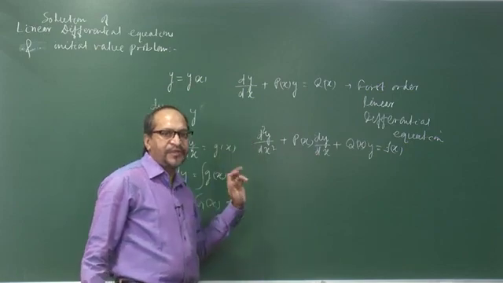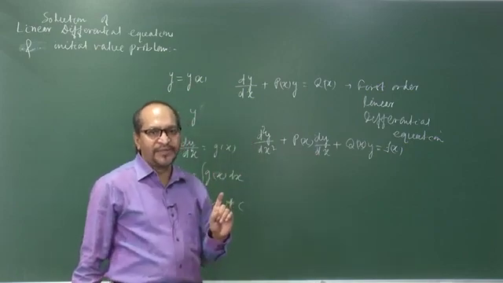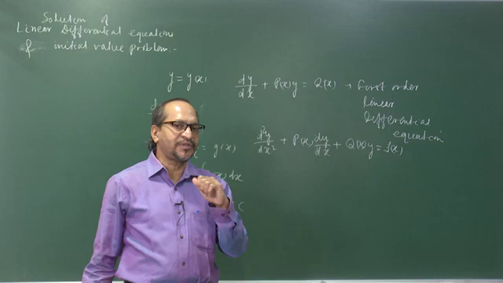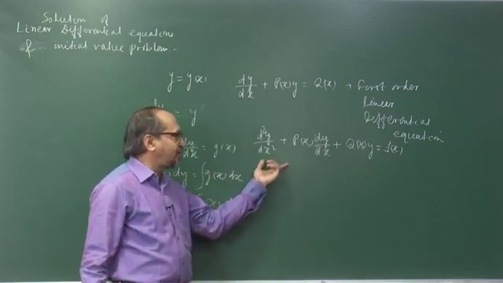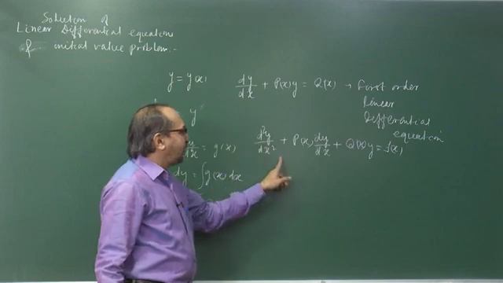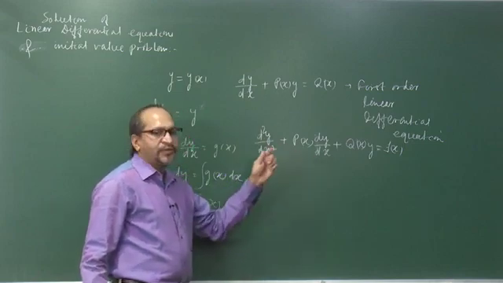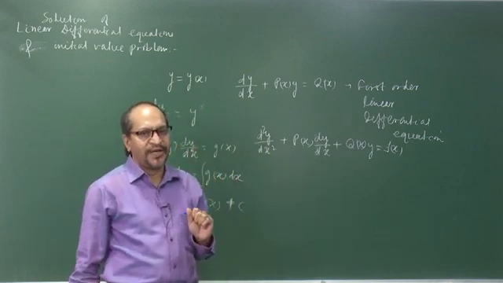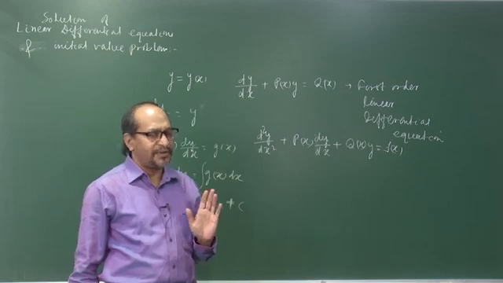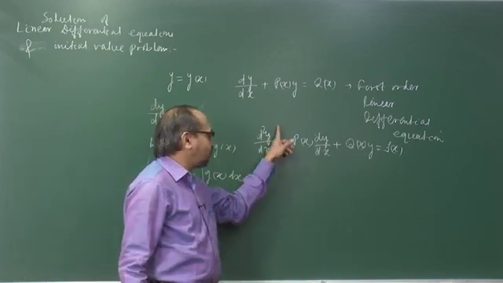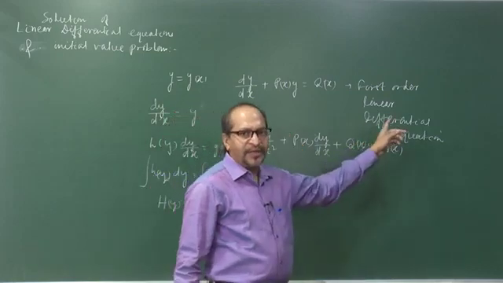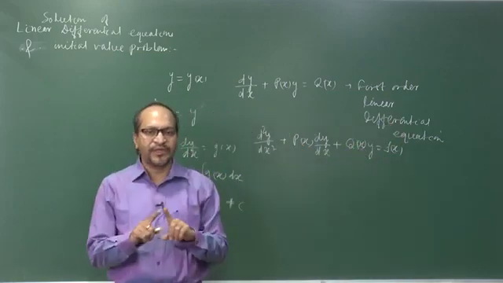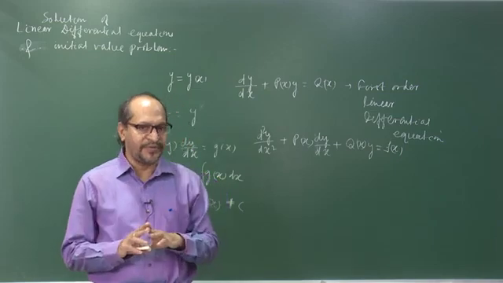In this equation, the highest derivative is the second derivative. In a differential equation, the order of the highest derivative is the order of the differential equation. So, this is a second order differential equation, and in every term you can find only a single power of either y or its derivative. Here d square y by dx square has power 1, dy by dx has power 1, and y has power 1, and there is no product of the dependent variable and its derivative.